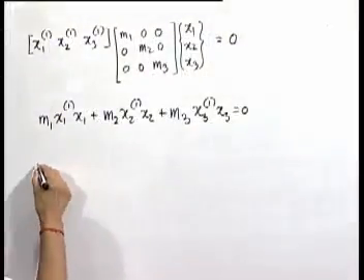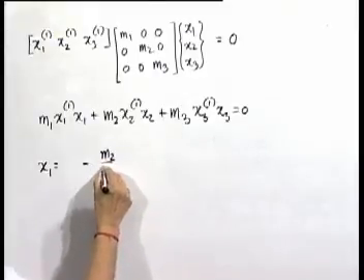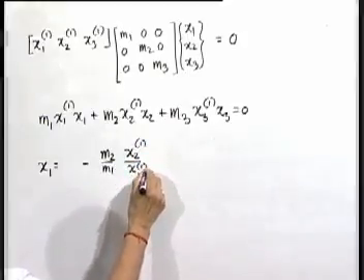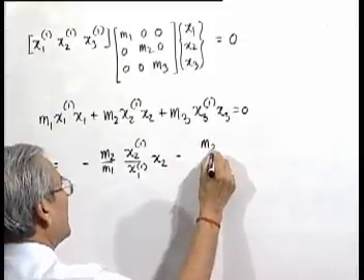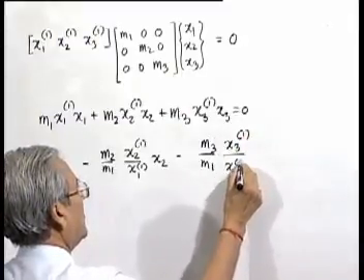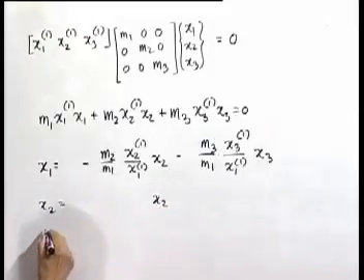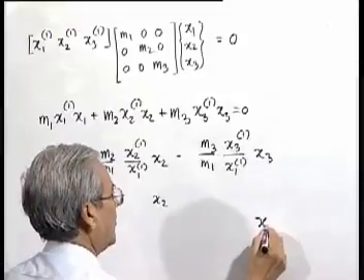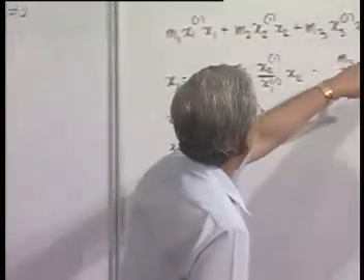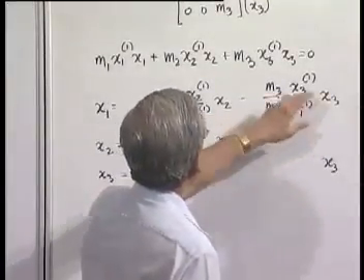Or we can write x1 is equal to minus. So now we have got this equal to 0, which means x1, x2, x3 cannot be independent, because x1 can be written in terms of x2 and x3 using this equation.